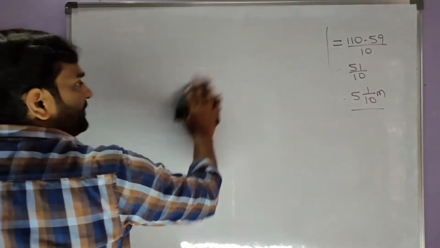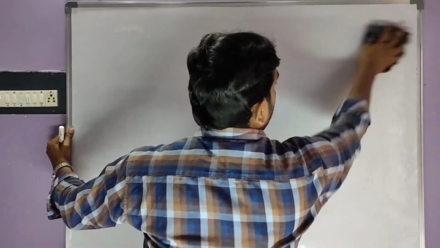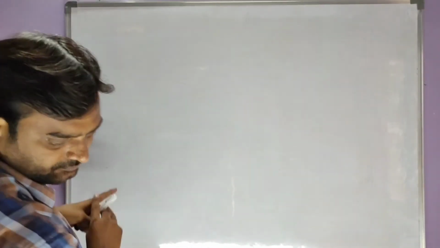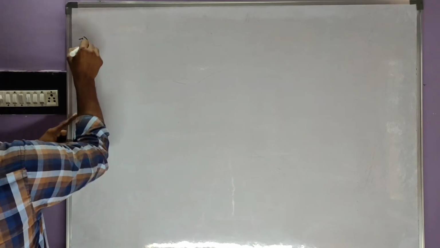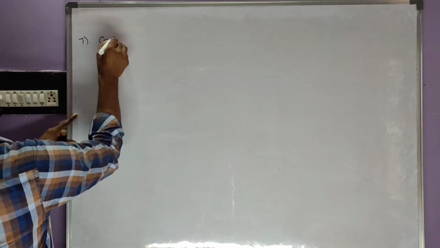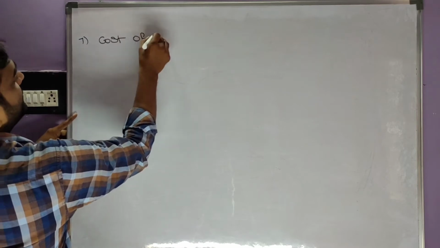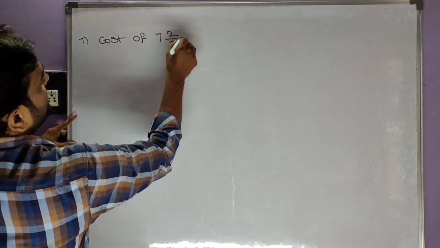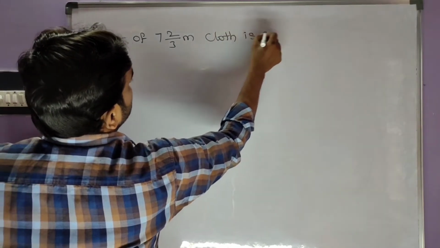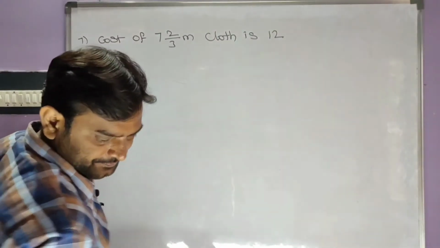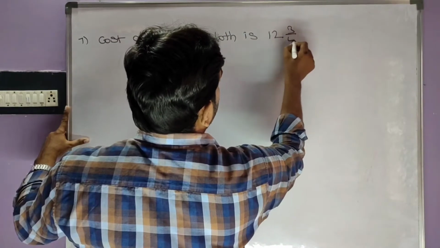Find for 1 meter. Cost of 7 2 by 3 meter cloth is 12 3 by 4 rupees.